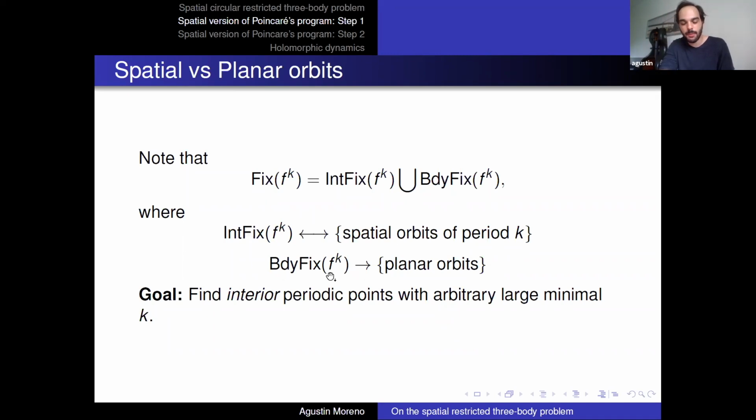And the boundary periodic points give us planar orbits. It's not true that every planar orbit corresponds to a periodic point of the return map at the boundary. And this is good in some sense, because what we actually want to do is find interior periodic points with arbitrarily large minimal k. This is what we're trying to do because now we actually want to find spatial orbits as opposed to the planar ones, which were already found before.